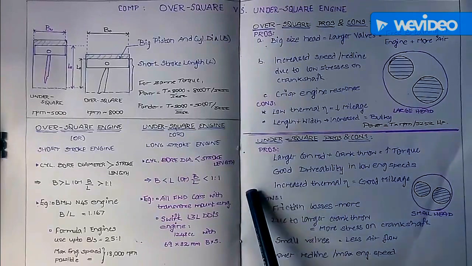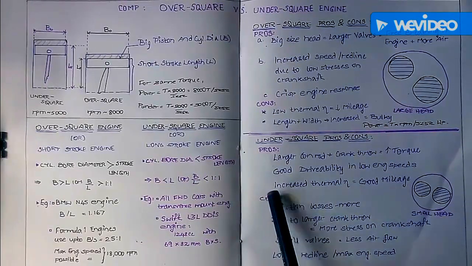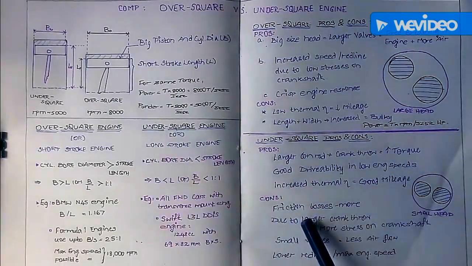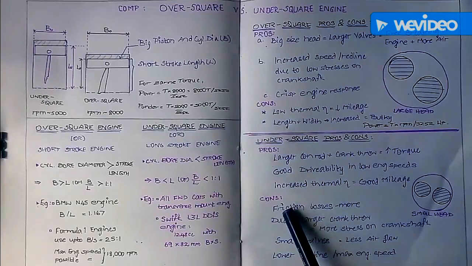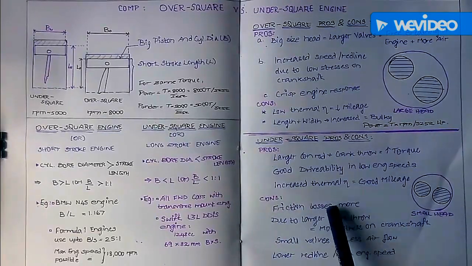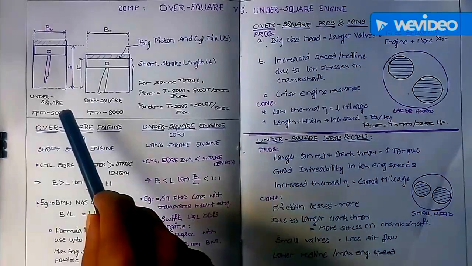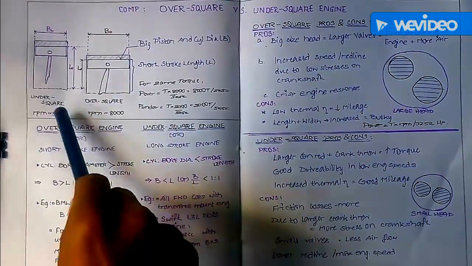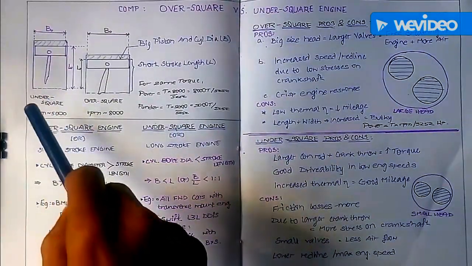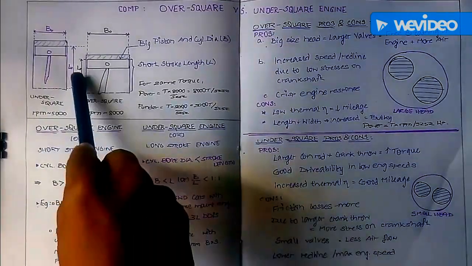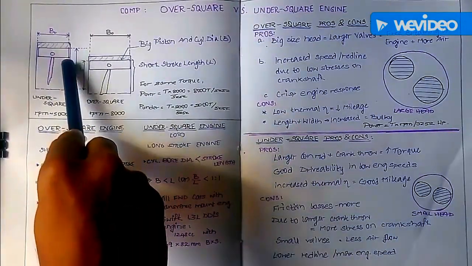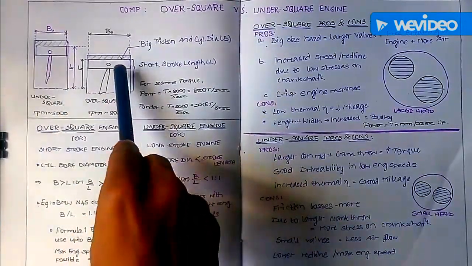Next are certain disadvantages of an under square engine compared to the over square engine. The first one is the friction. This is an important factor which also limits the peak or the red line of an under square engine to below 6000 rpm. There are 3 piston rings here and 3 right here, just assume it.